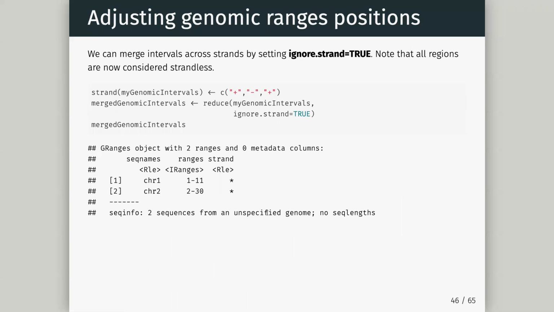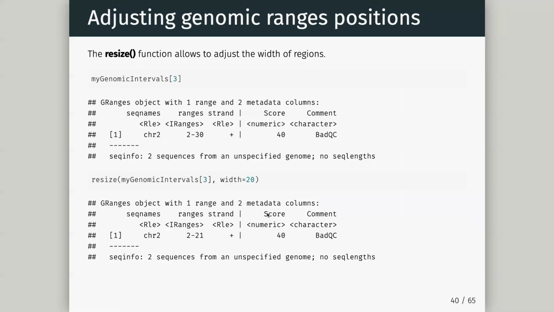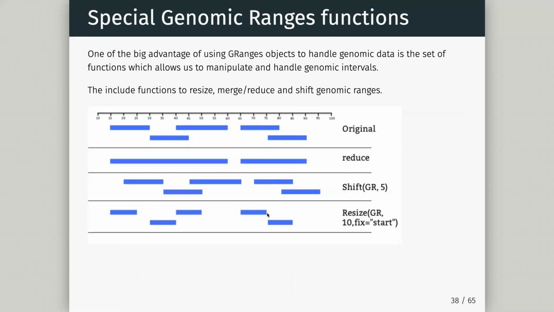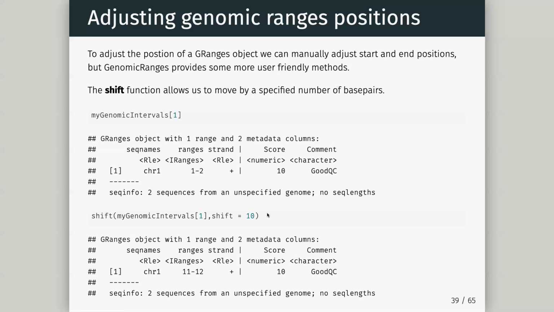So I was just going to step through some of these different tools, and then we're going to look at the second really useful thing about ranges, which is overlapping different ranges. The shift function allows us to move our GRanges by a particular number of base pairs. If I have my first genomic interval here, you can see it's 1 to 2.